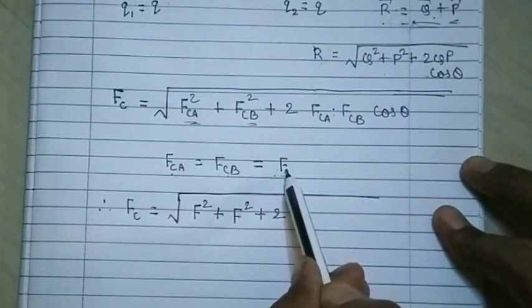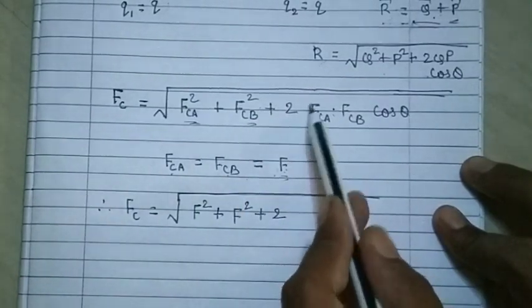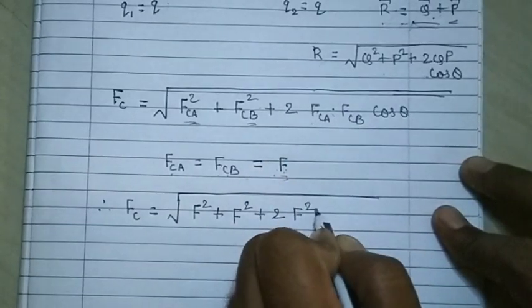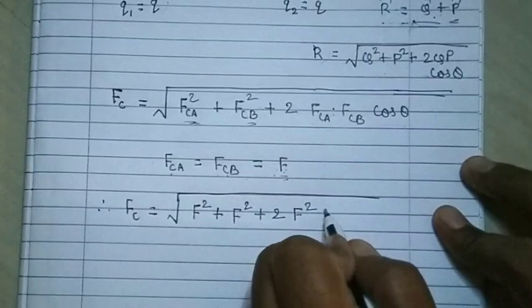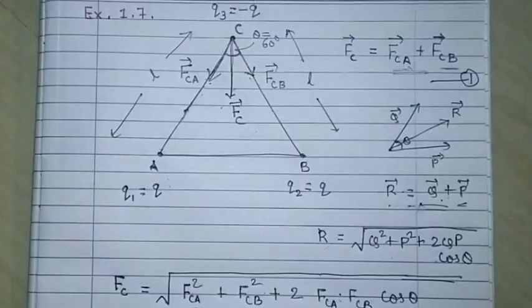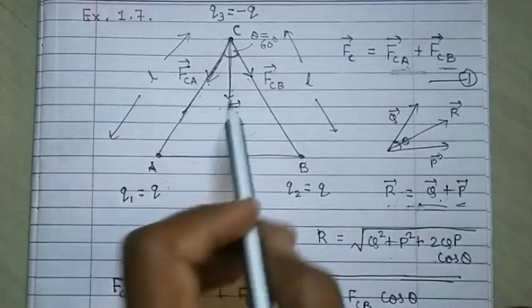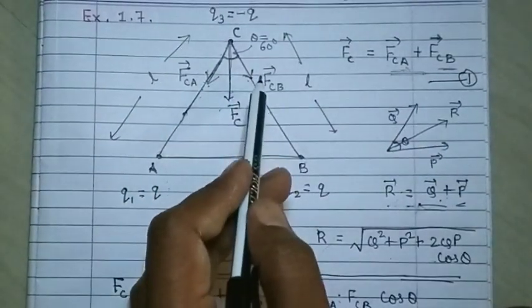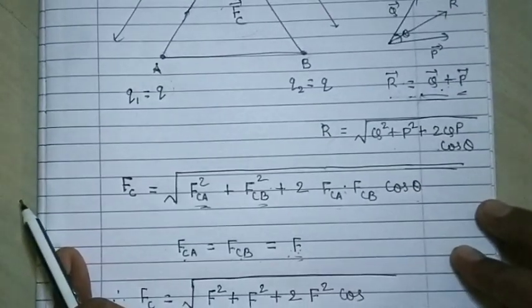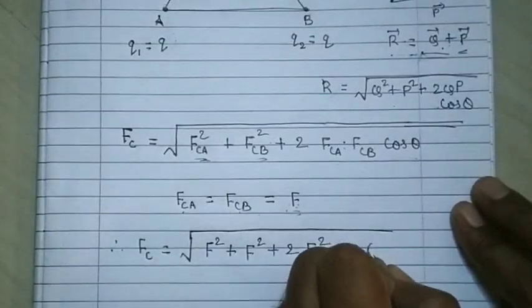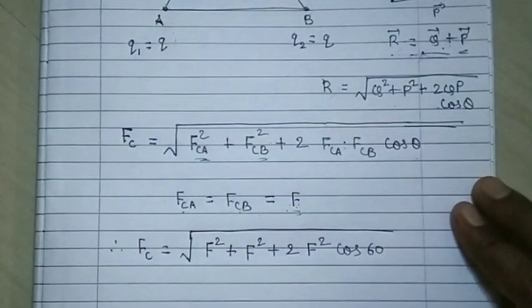It is denoted by F only. So F into F becomes F square. And now cos theta. What is theta? Theta is nothing but the angle between FCA and FCB, which is 60. So here we will write cos 60.